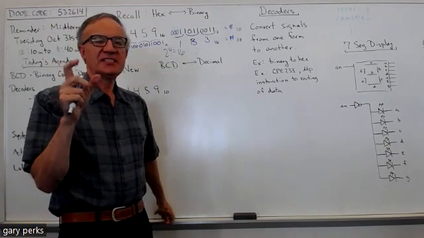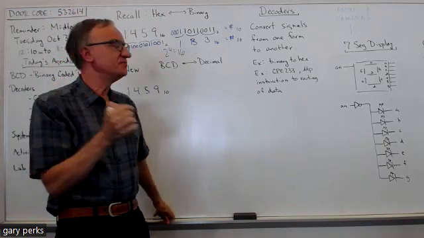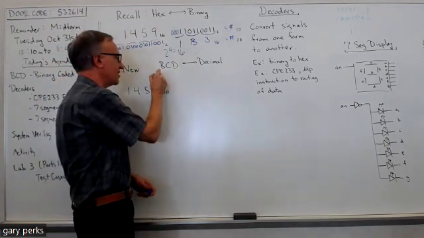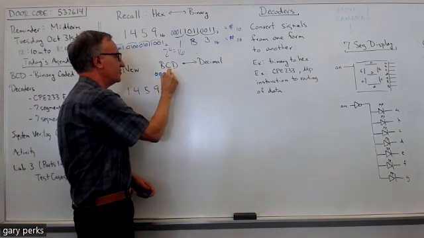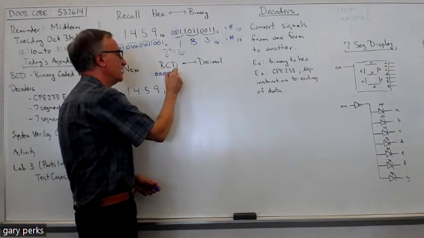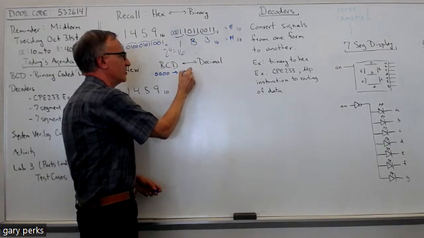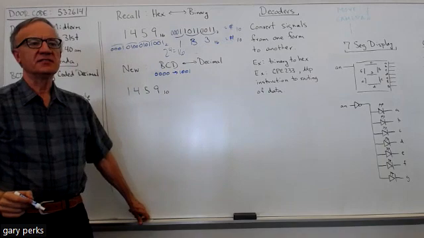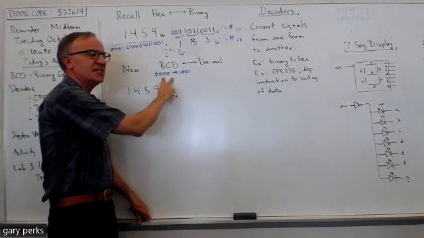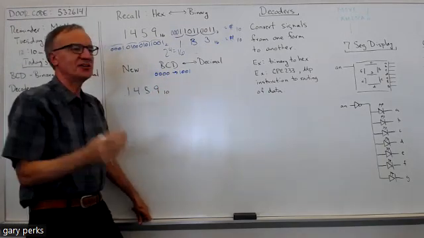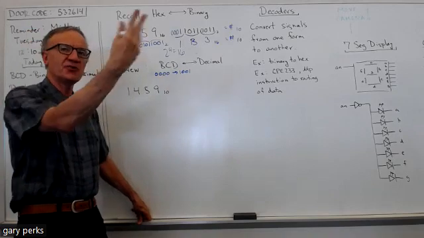BCD is a subset of binary. Okay, it's only binary from 0 0 0 0, and it's also 4 bits. Okay, 0 0 0 0 through 1 0 0 1. So BCD is just a subset of binary. It just includes 0 all the way through 9.